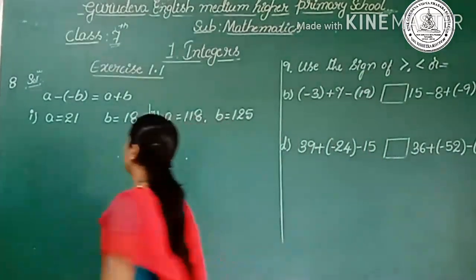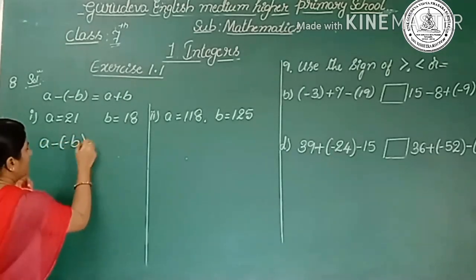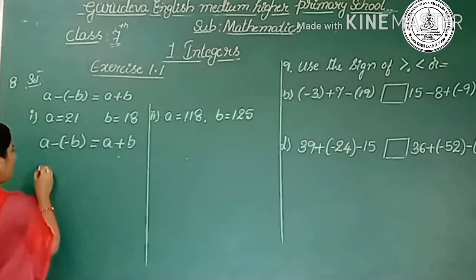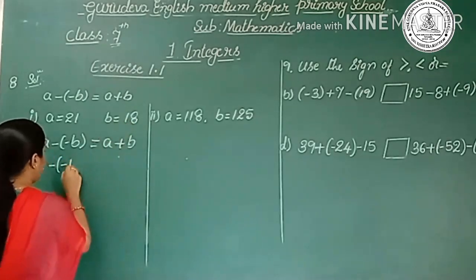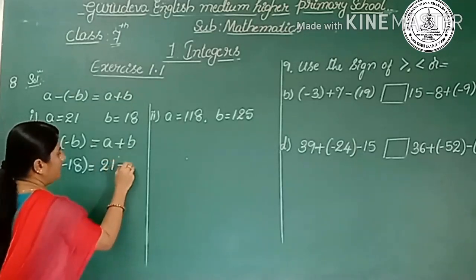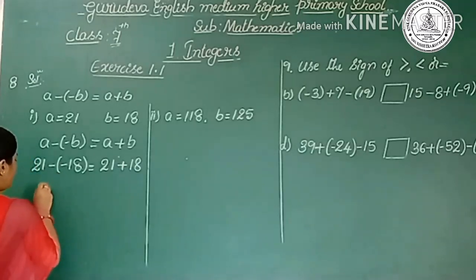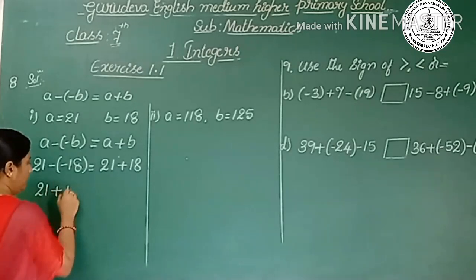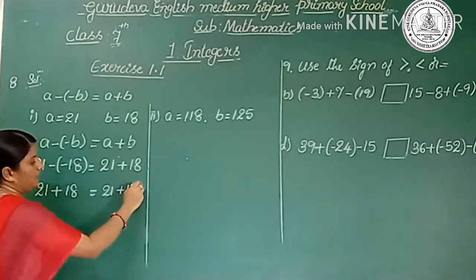First write down the given a minus of minus b is equal to a plus b. Then take the values: a is 21, minus of minus 8, which is equal to a plus b, meaning 21 plus 8. So you may see here, 21 minus of minus 8 is 21 plus 8, which is equal to 21 plus 8.